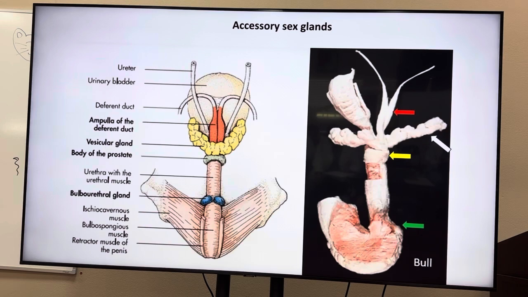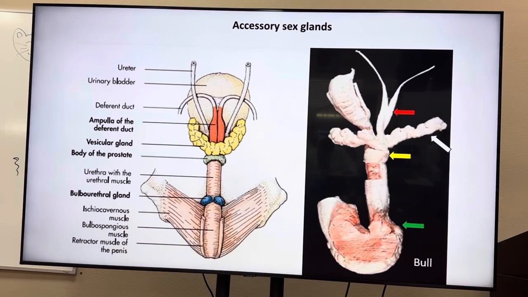The anatomical location of these accessory sex glands is within the pelvic portion of the urethra. They are located around the pelvic portion of the urethra. There are about 4 different glands, and these vary in different species of animals.